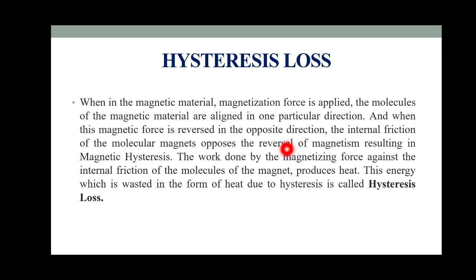The molecules will also try to reverse in that particular direction, and it will cause an internal friction of the molecular magnets opposing this reversal of magnetism. As such, force will be exerted, and this will cause a heating loss. This is called the hysteresis loss.